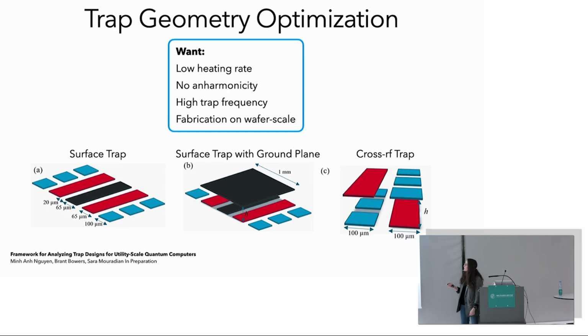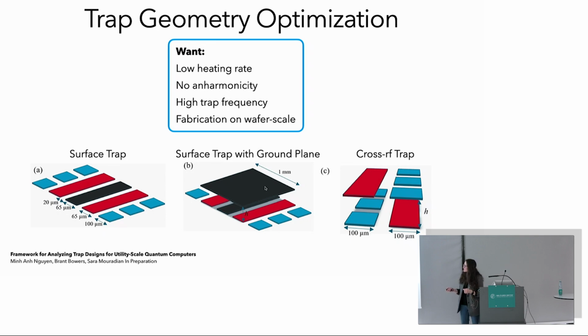So we want a very harmonic trap. All of this is going to come together, and we want a very high trap frequency, two orders of magnitude higher, so we can get our fast gates and our fast shuttling and low heating rates. And then finally, we want to be sure that we can actually make this in some sort of reproducible manner, and at least there's some sort of path to fabrication in a foundry process.